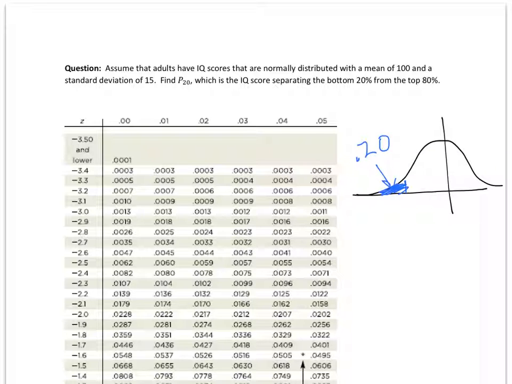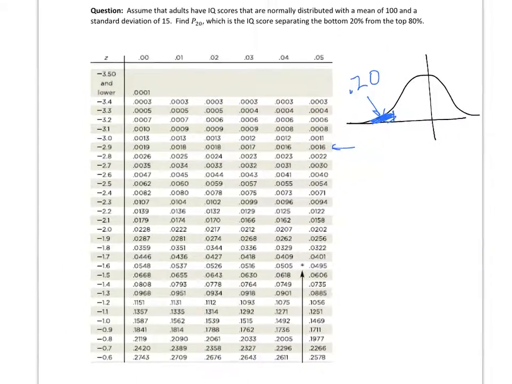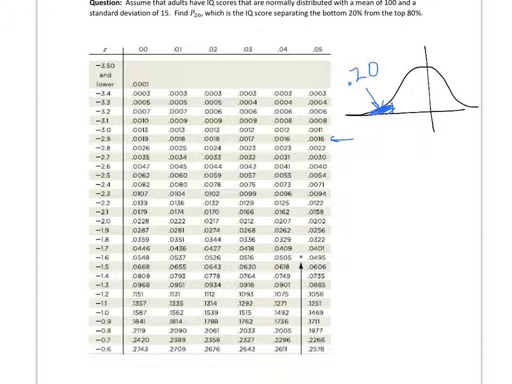And so remember, these 4-digit values in the table are the probabilities. So what I'm looking for is the closest value to 0.20. I start looking around here and it looks like this would be the closest I could get to 0.20.